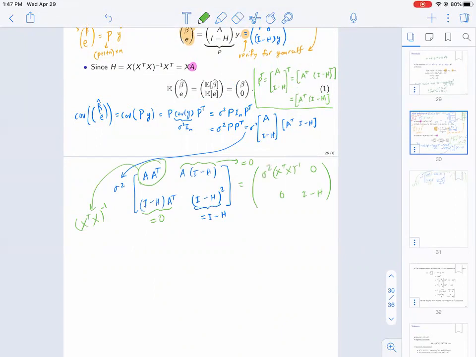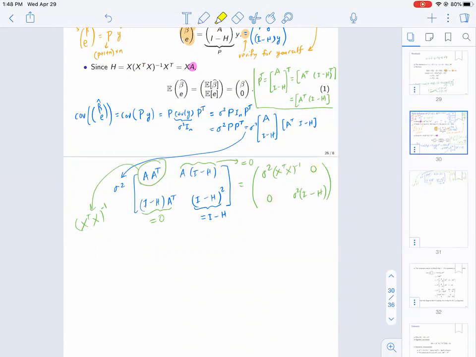Sigma squared here, and then sigma squared here. These two parts we have already shown. So this is going to be the covariance matrix of beta hat, and this is going to be the covariance matrix of E. But what we have shown is that the cross covariance is 0.